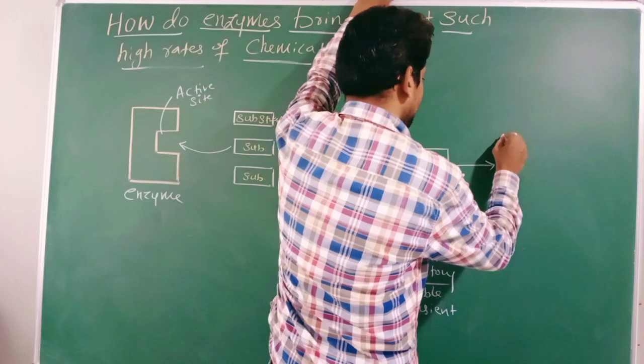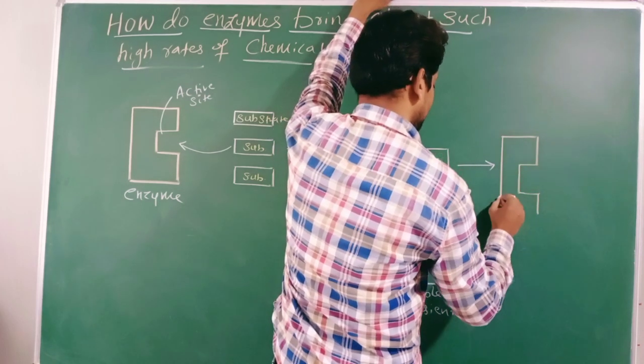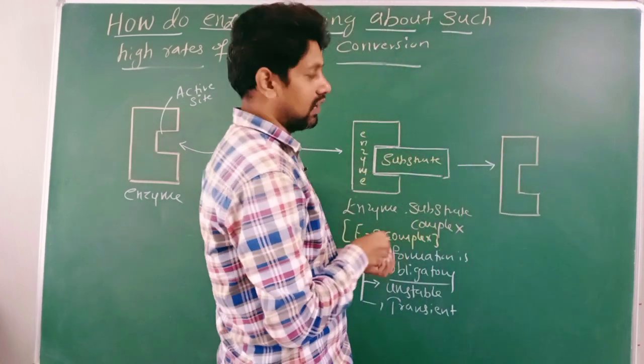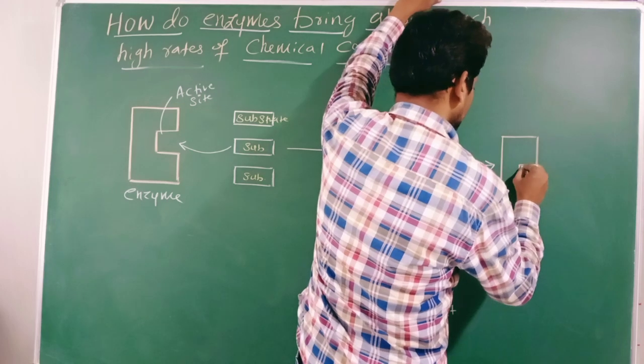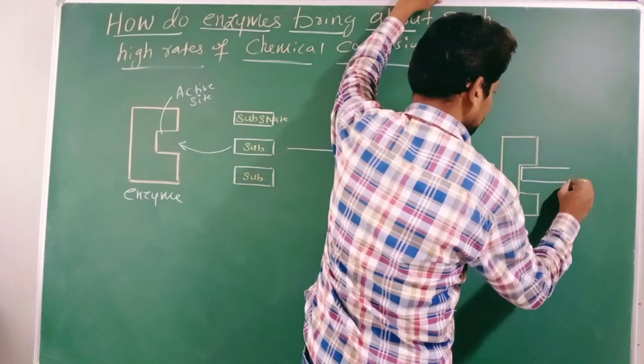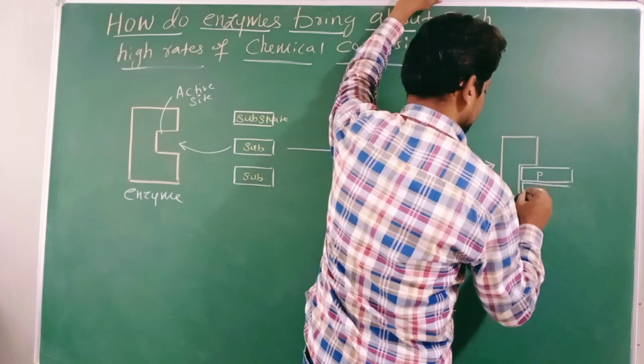What do we get in the active site now, sir? Product. We are going to get product in the active site now. This is a product, and this is another product.